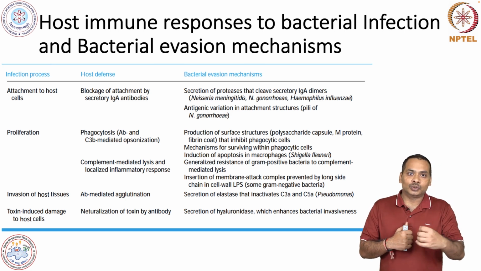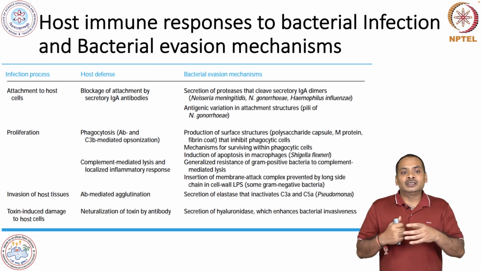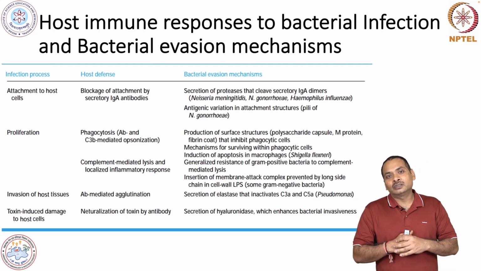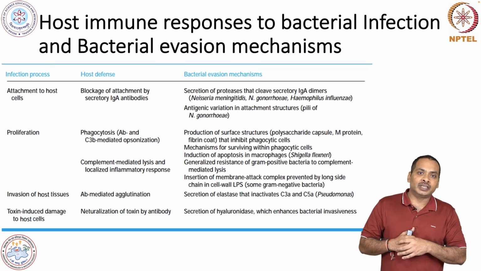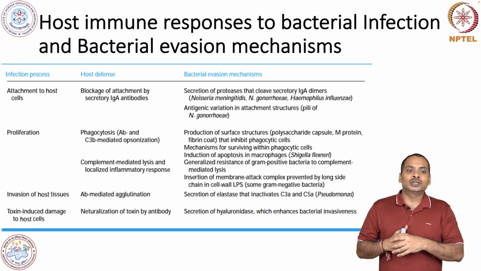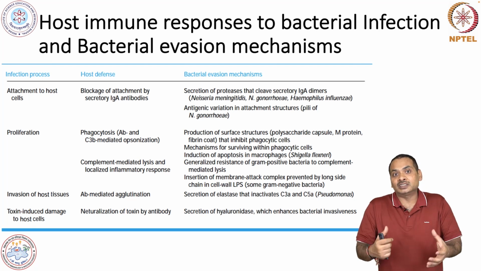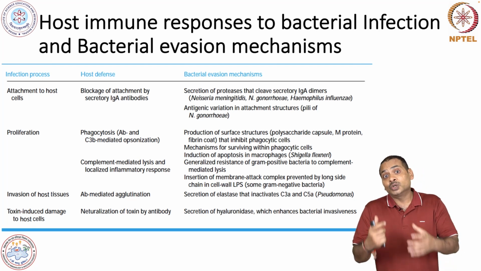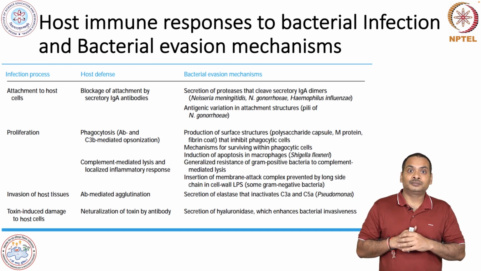They will eat up those proliferating bacteria, and this phagocytosis is further facilitated by antibody-mediated opsonization, complement C3b-mediated opsonization. So these are the strategies by which the host overcomes this proliferation.